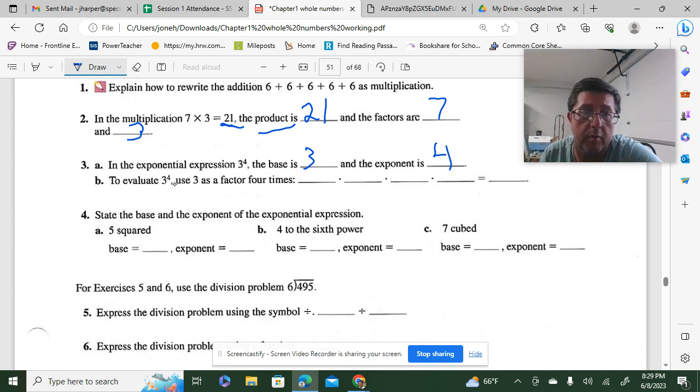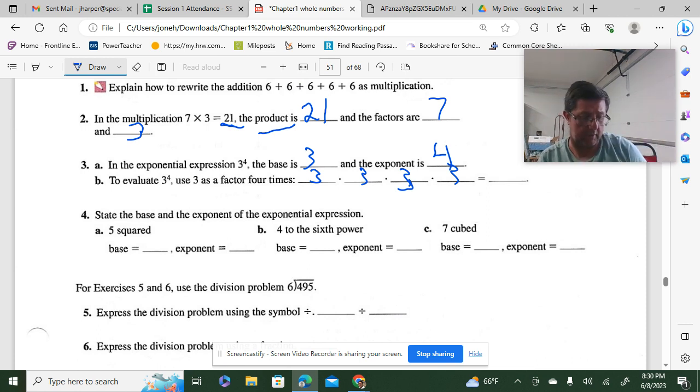So, the evaluation 3 to the fourth power uses 3 as a factor 4 times. Oh, so it wants me to do 3, 3, 3, and 3. And what does that equal? 3 times 3 is 9, times 3 is 27.